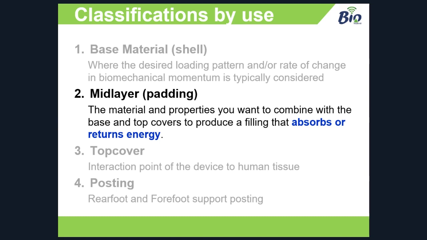So it's the energy return, the energy dissipation, or the energy absorption of everything that we're doing. This is generally where mid layers can affect it, and we'll talk through that. Of course, the base, the top cover, and the posting can all influence this as well, but for the simplicity of discussion here, that's what I've looked at.